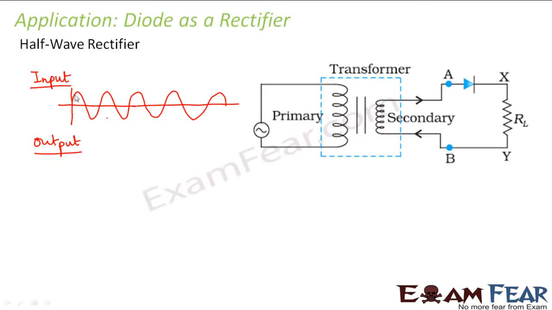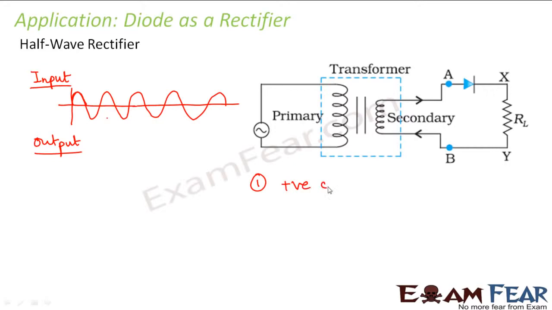What happens during the positive cycle, that means during the cycle when this positive half acts as the input? During the positive cycle, the voltage at this point A is positive, because the input voltage will be either in the positive cycle or the negative cycle.